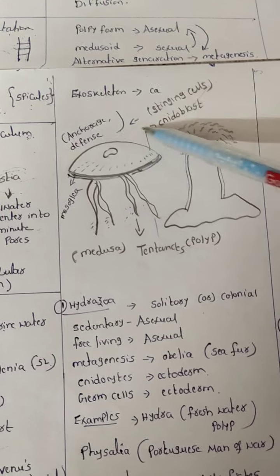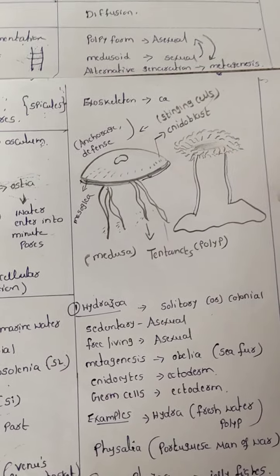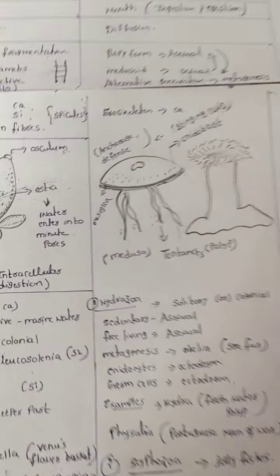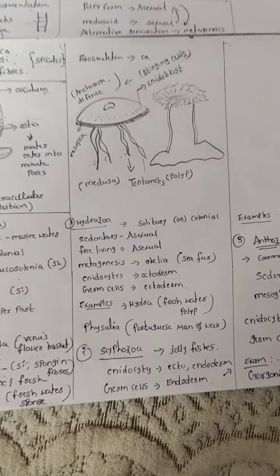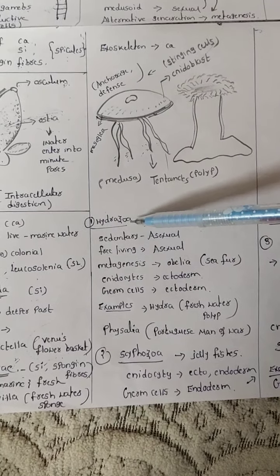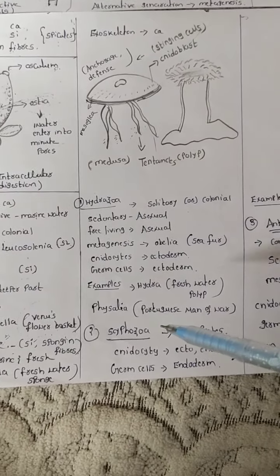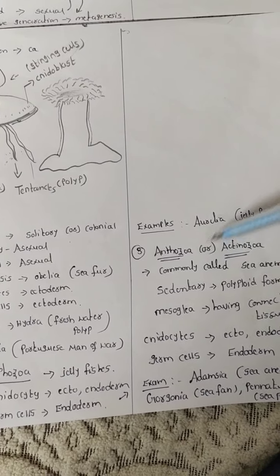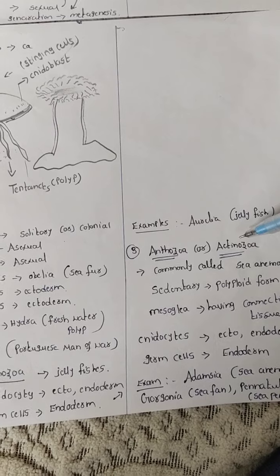This is the medusoid form, umbrella shaped, and this one is the polyform, tubular shaped. Here there are three classes: one is Hydrozoa, another is Scyphozoa, and the third is Anthozoa, also called Actinozoa.